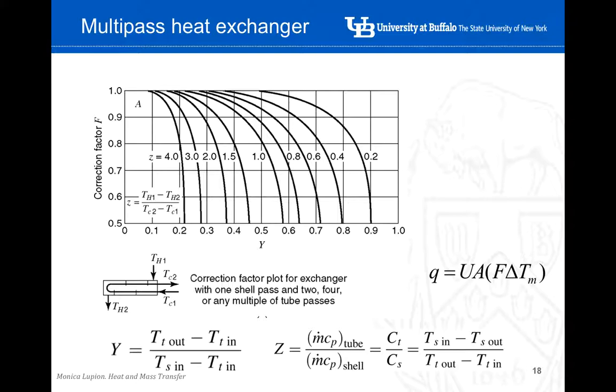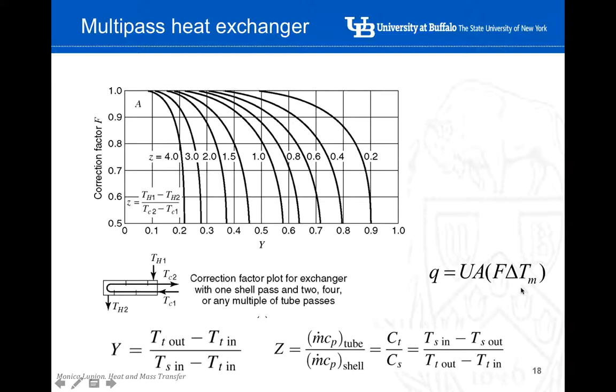Depending on the geometry of the heat exchanger, we have different graphs like this one, for instance, where we can determine the correction factor, and directly we can include this correction factor in the general equation that we just saw with the log mean temperature difference.